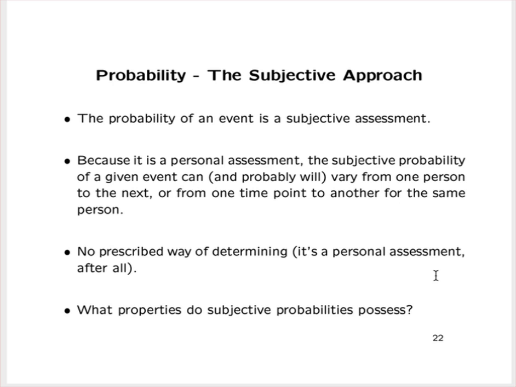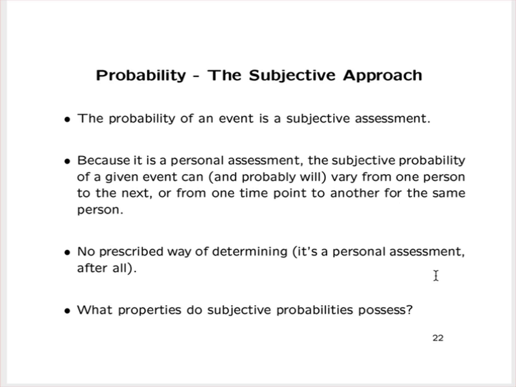Now, one of the characteristics of subjective probability is that there's no prescribed way of determining its value. There's no formula, let's put it that way. When we defined classical probability, in the definition itself we gave the formula for calculating a probability. And when we defined relative frequency probability, we gave a way, at least conceptually, for coming up with that probability.